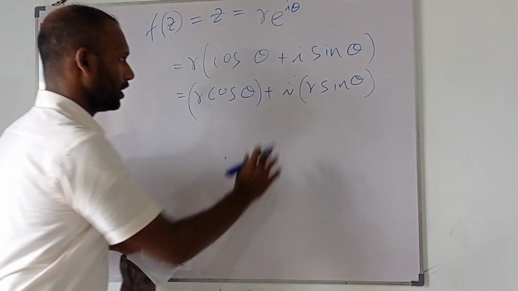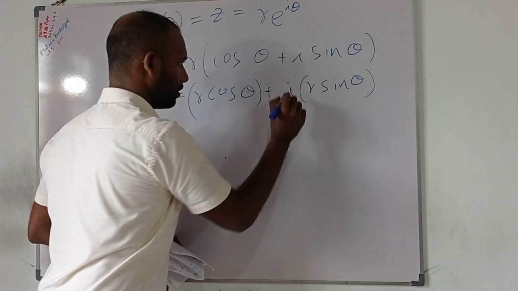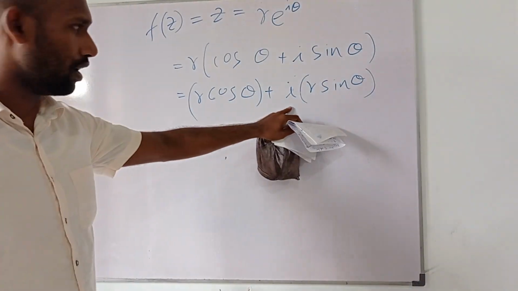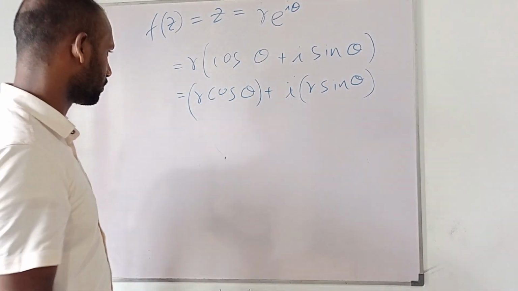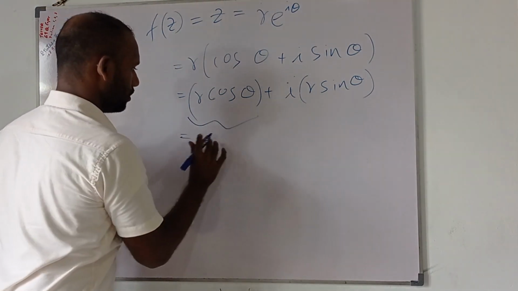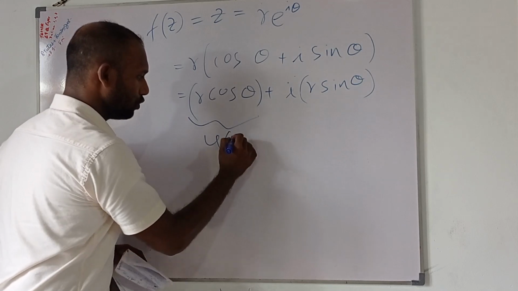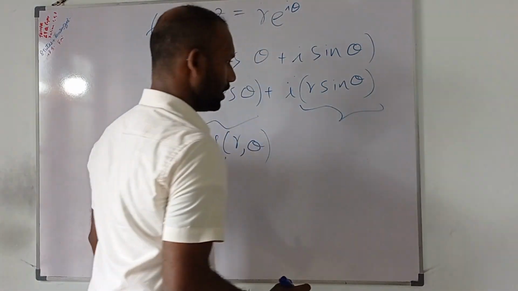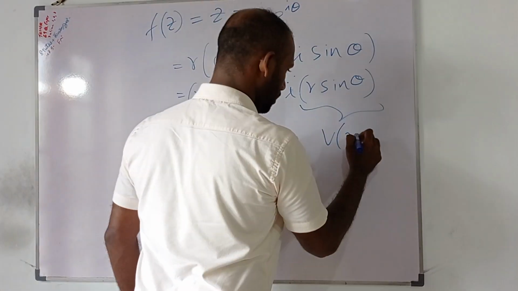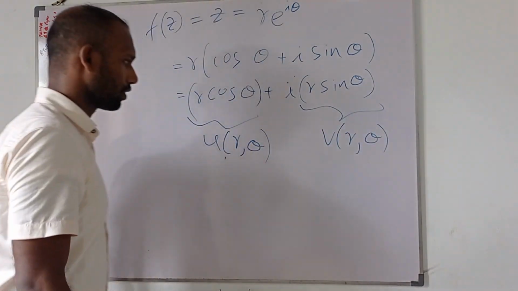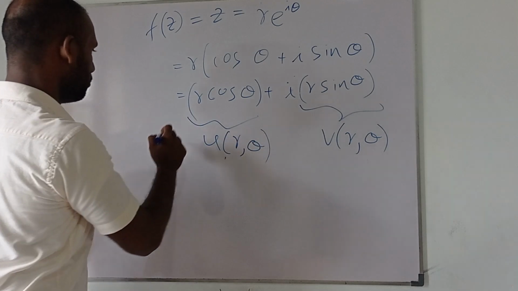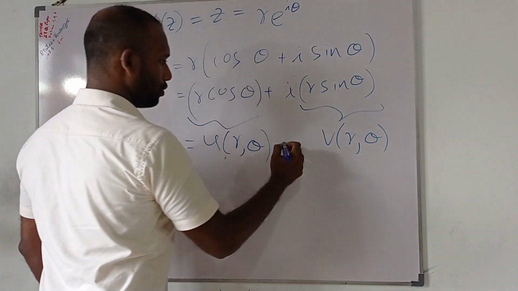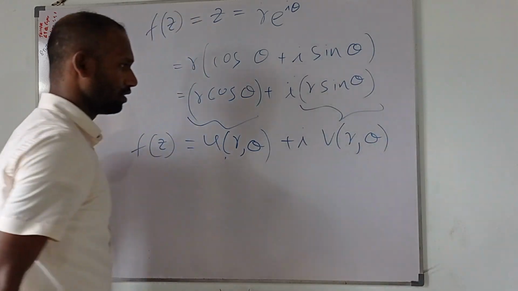So we can expand like this: r cos theta plus i r sin theta. So this is my u(r,theta) and this is my v(r,theta). So this can be written as F(z) equals u plus iv.